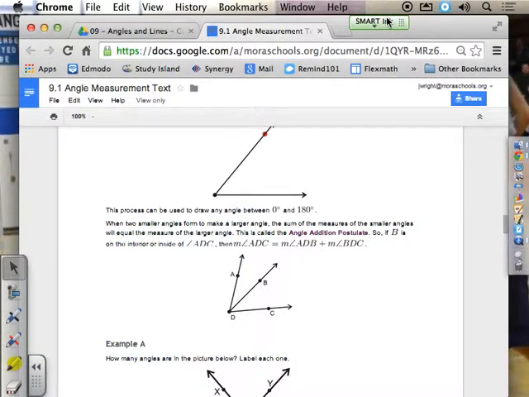Okay? When two smaller angles are formed, then you use what is called the angle addition postulate.